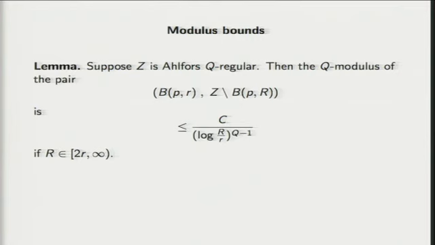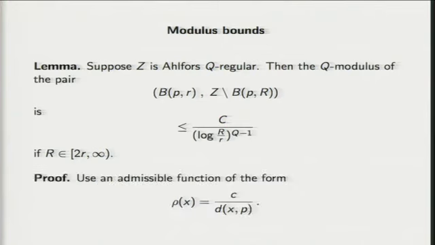In particular, as the ratio of big R to little r gets big, the denominator gets big and this gets small. For the proof, take the most obvious test function: the distance function from the center of the ball, take 1 over that, and scale it appropriately until you get an admissible function, then do straightforward estimates of mass. And you get this bound.